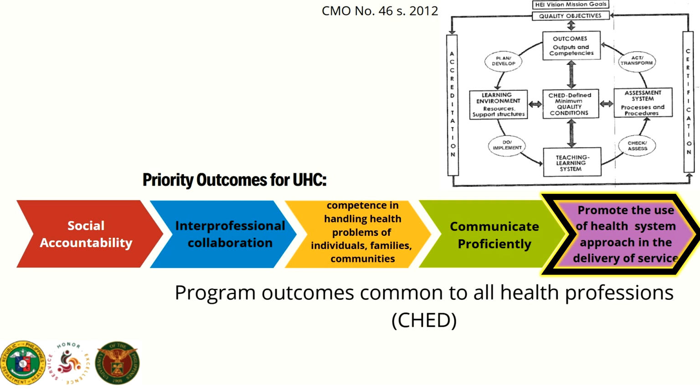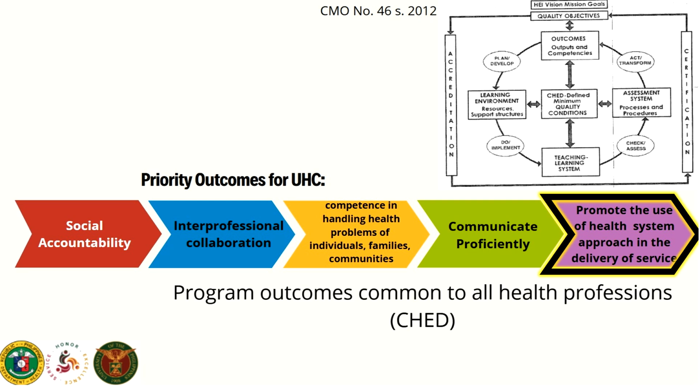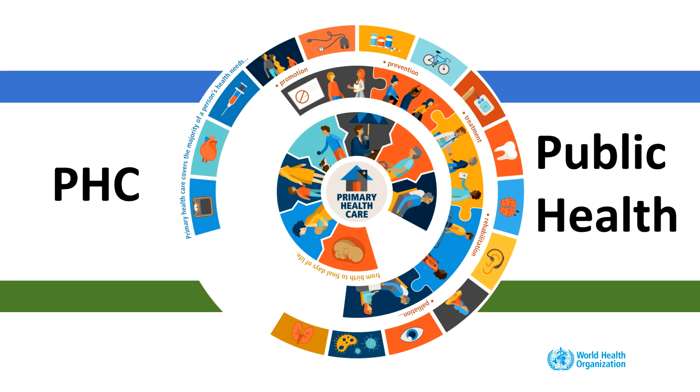But how do we develop or eventually achieve these outcomes? One is to look at two major dimensions. We have the primary healthcare dimension and the public health dimension.